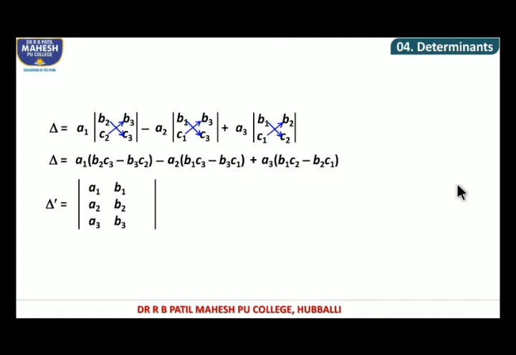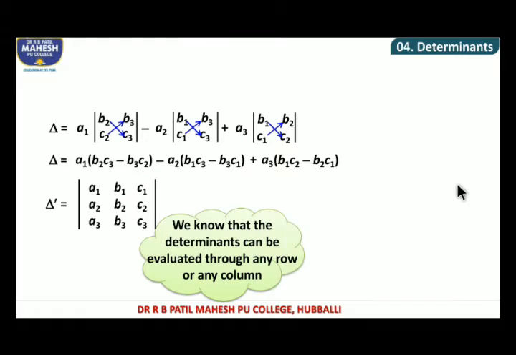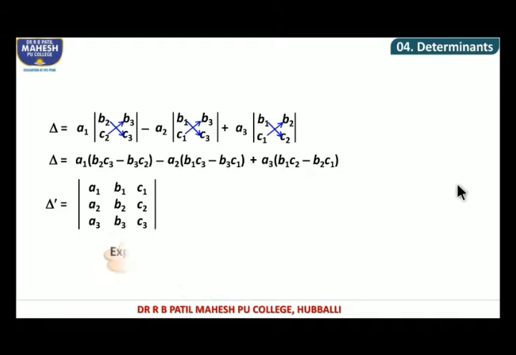Second column becomes b1, b2, b3, and third column becomes c1, c2, c3. Now we have to find the value of this determinant. We know that determinants can be evaluated through any row or any column. Therefore, we can expand this delta dash along the first column.